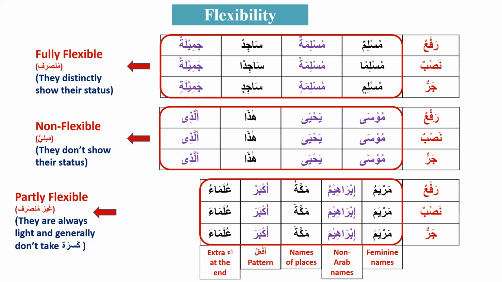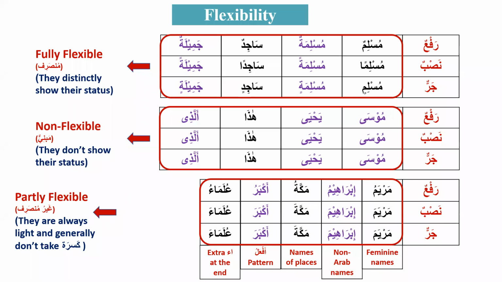It shows its status, but it is never heavy either. It will never be Allahun. So Allah's name is unique. It will be difficult to put it in any of these categories here. Sorry, I don't know if I gave you a good answer, but that's what it is.